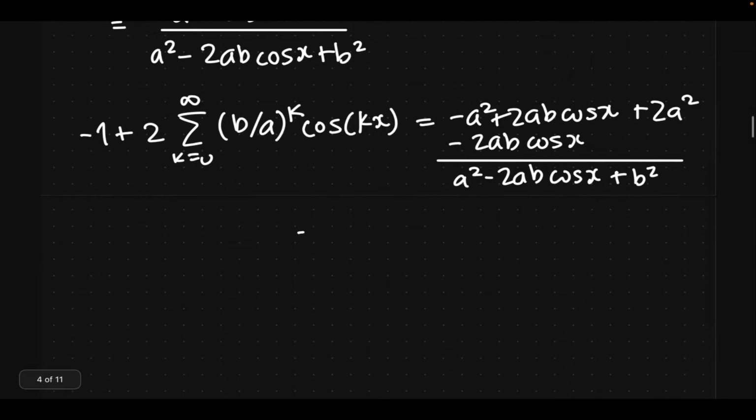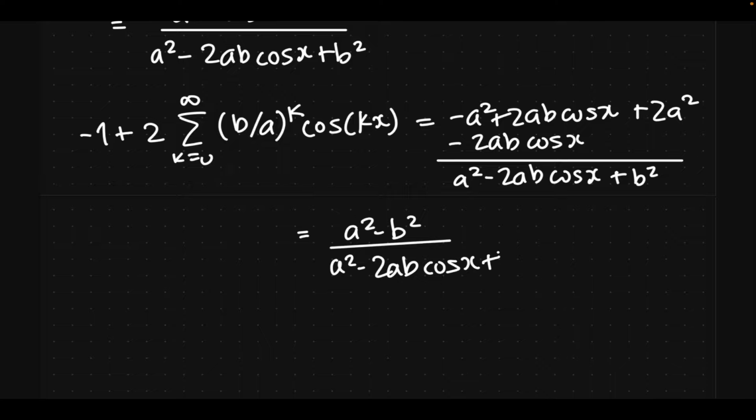So you see all the x dependence in the numerator vanishes. We get a squared minus b squared divided by that denominator, all equal to this thing here.